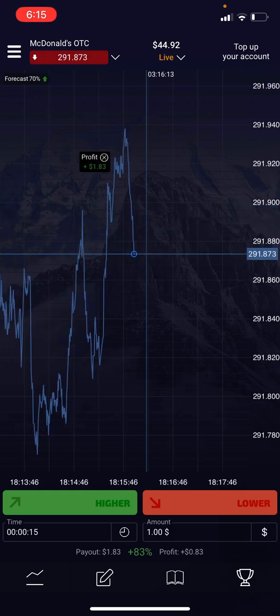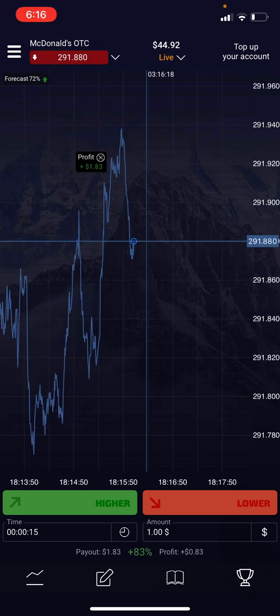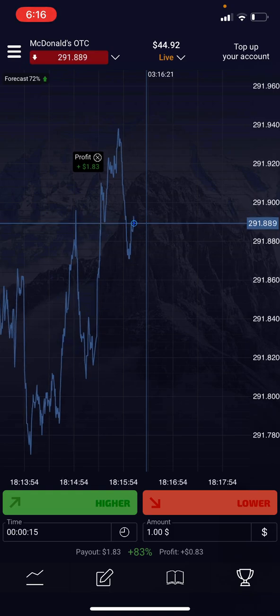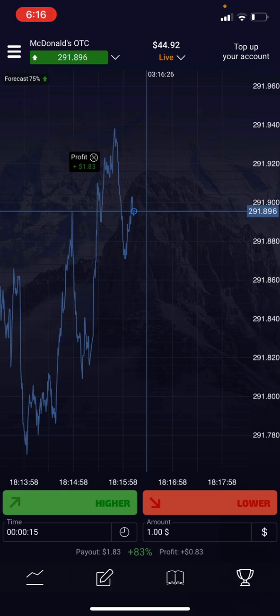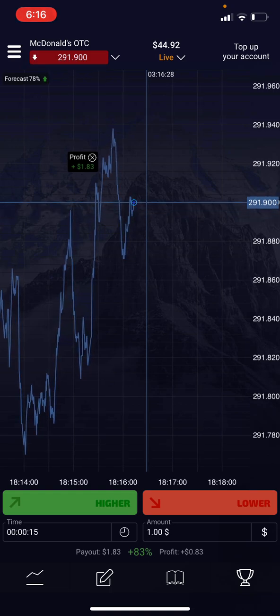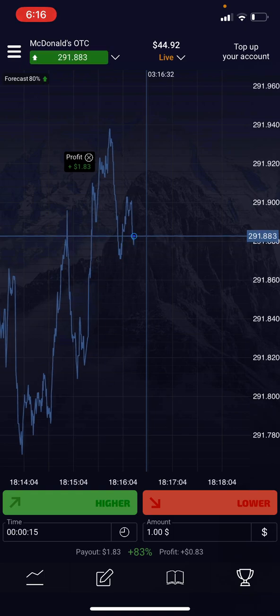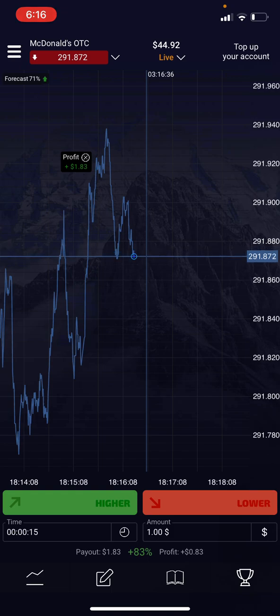We had a 15-second time frame. My suggestion for my option was higher versus lower. So I simply predicted that prices are going to be higher than the price that I bought it at that particular time. So it's as simple as that.